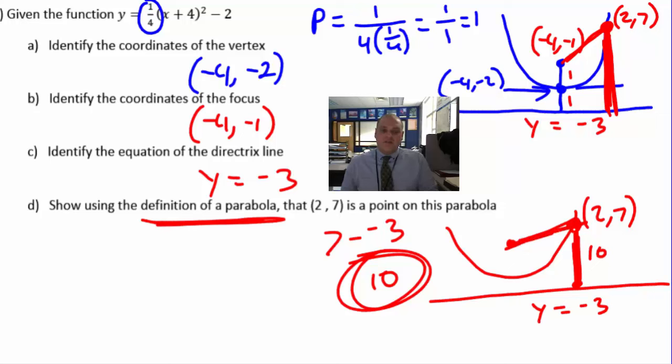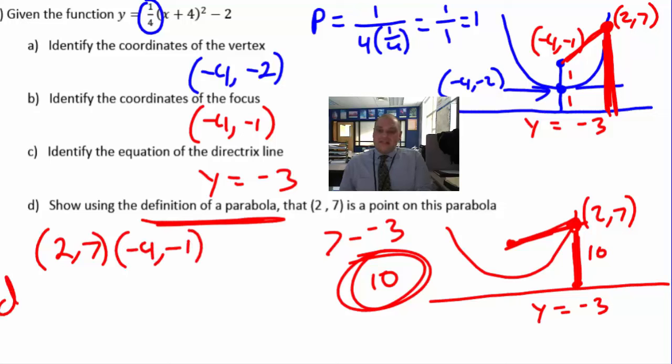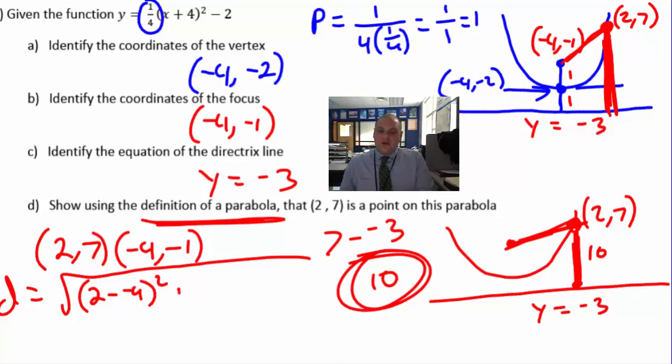How about to the focus? Well, you're going to have to use the distance formula. So distance between 2, 7 and the focus we said was negative 4, negative 1. Distance formula: subtract the x's, 2 minus negative 4, squared. Subtract the y's, 7 minus negative 1, squared.